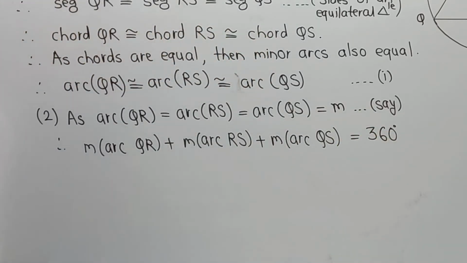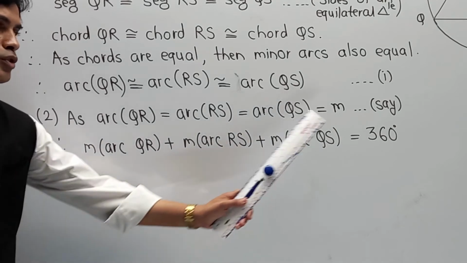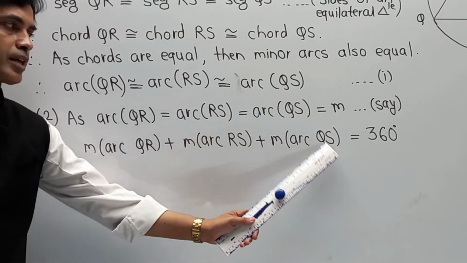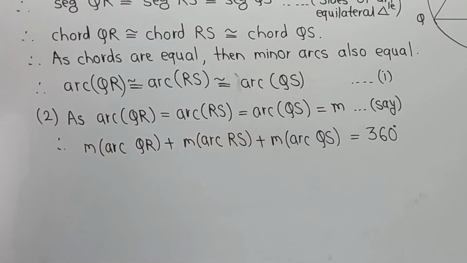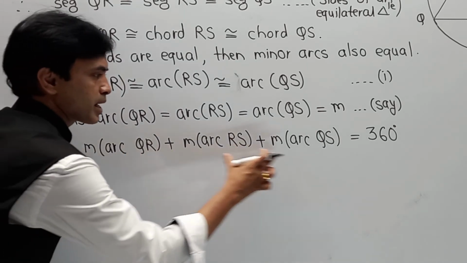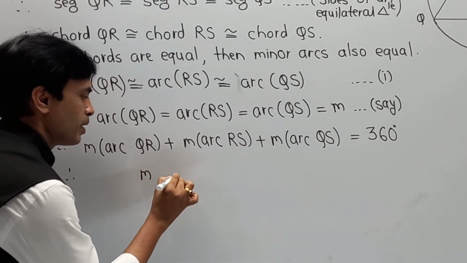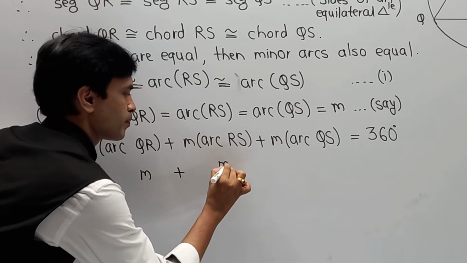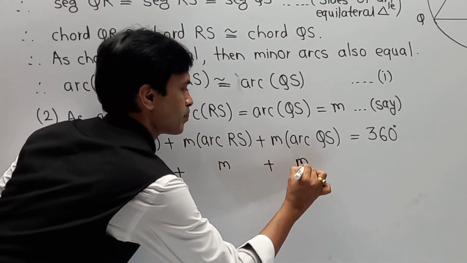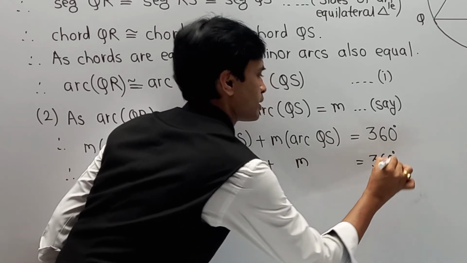Sum of the arcs of a circle. Now for arc QR, we are assuming it as M. Arc RS, that we are also assuming as M. And arc QS, that is also assumed as M, because all three are equal. So it becomes M plus M plus M, and that is equal to 360 degrees.